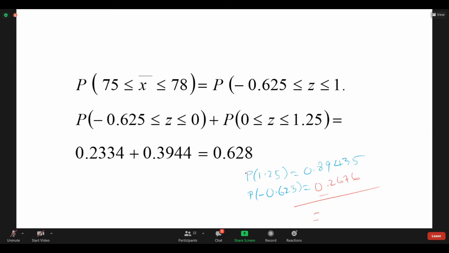Once all of you check, see whether you are getting the same value. I think that value is 0.627 or 8. That is the required probability.